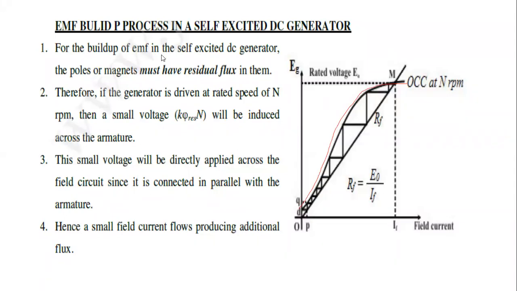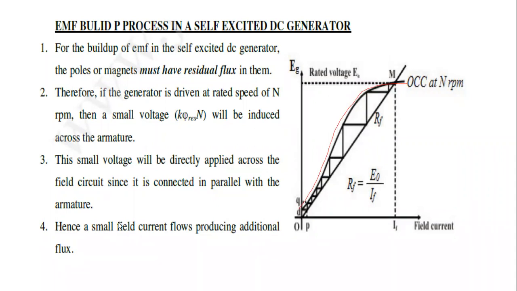For a buildup of EMF in the self-excited generator, the pole must have residual flux. We are having a 4-pole machine, and each and every pole has residual flux. Due to that residual flux, some current will be produced, proportional to the armature voltage.